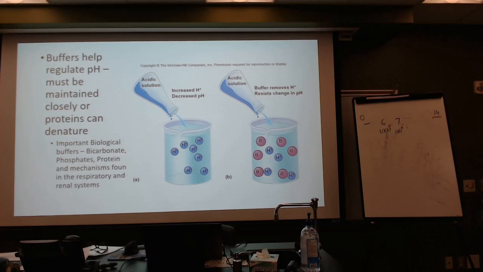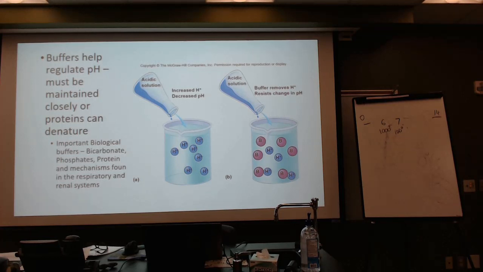If I don't have the ability to affect that 7.35 and bring it back to 7.45, it's going to continue to drop. And guess what? You're going to get sick.